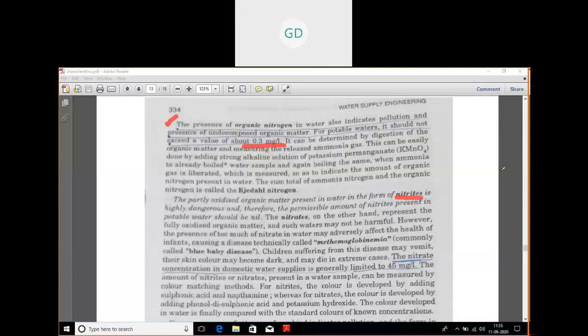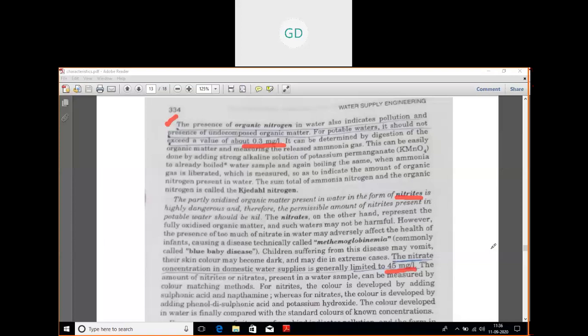On the other hand, your nitrates. What do nitrates represent? They represent fully oxidized organic matter, and if nitrates are present in water, then that water is not harmful. Moreover, the permissible limit for nitrates is 45 milligram per liter.